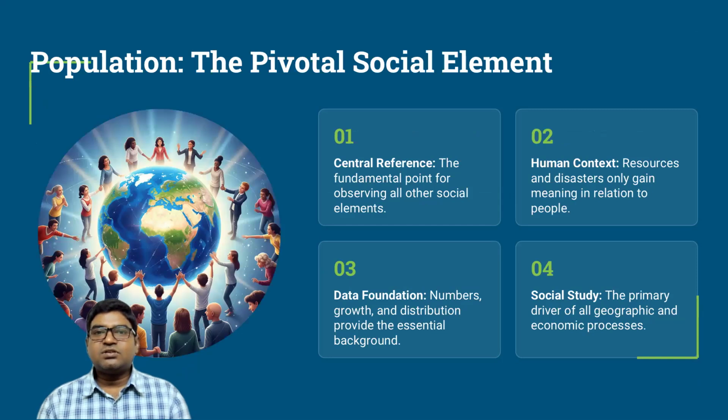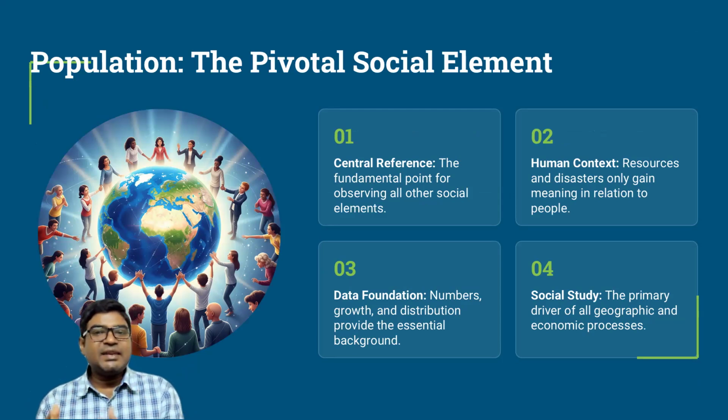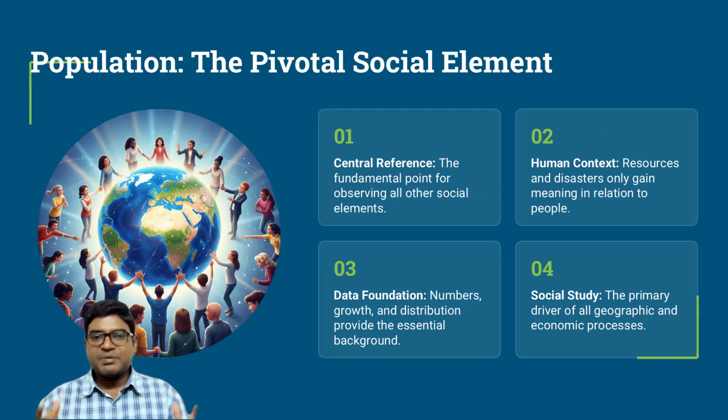The pivotal social element, the central reference, the fundamental point for observing all social phenomena, is the people. The resources and the disasters, as we saw, have meaning only in relation to population or people.